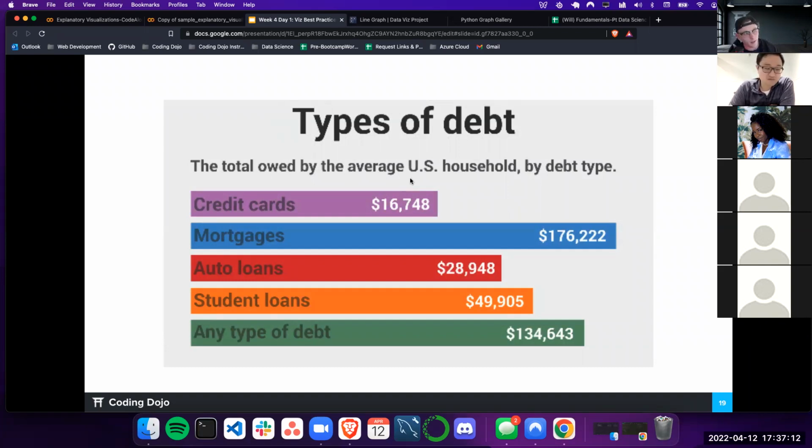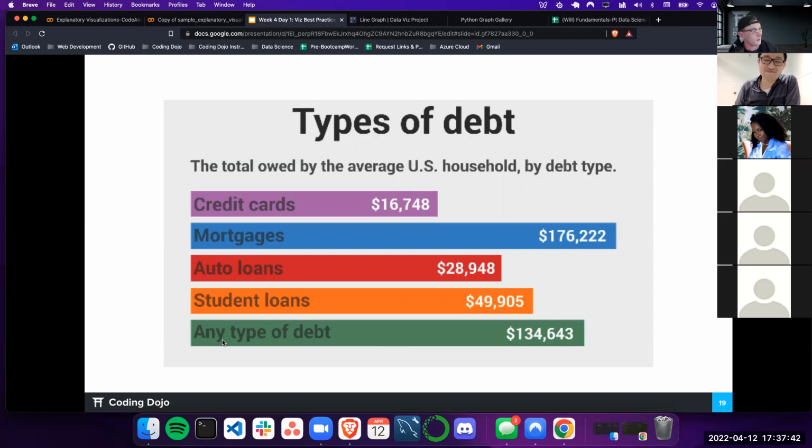I think it's actually a pretty good explanation of what's going on, if we had a better understanding of what this debt type meant. This idea of any type of debt is very confusing because it should be almost like the cumulative debt. Other debt, something like that, would have been good.